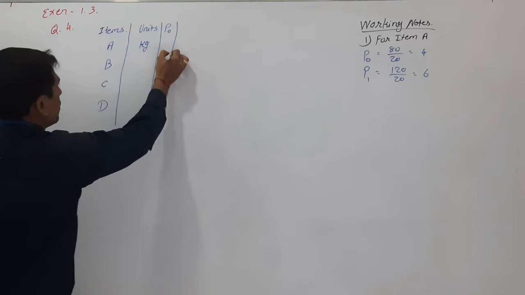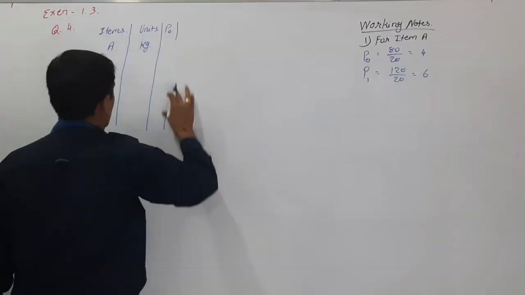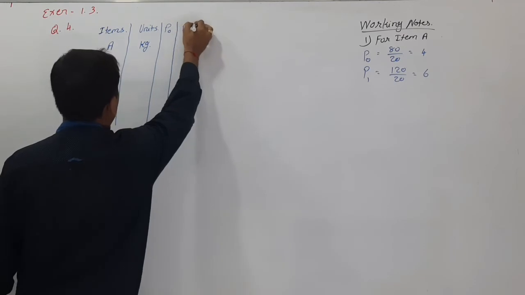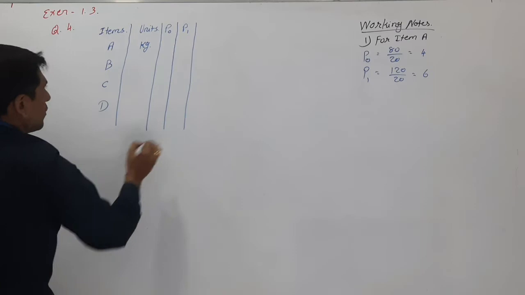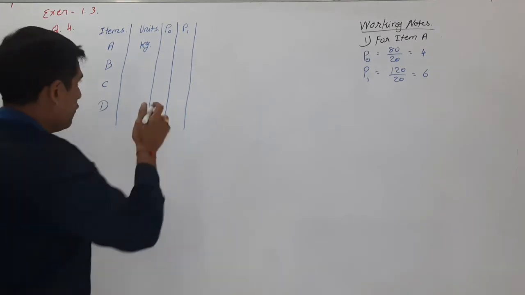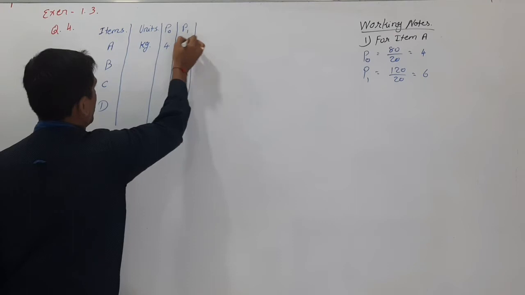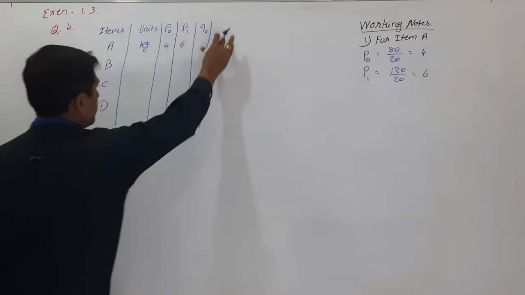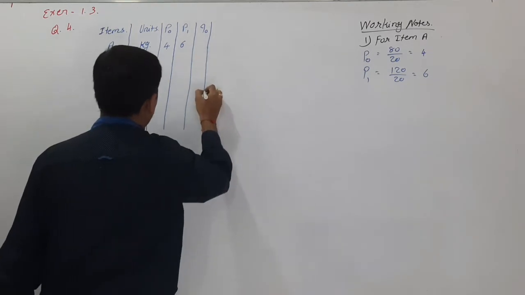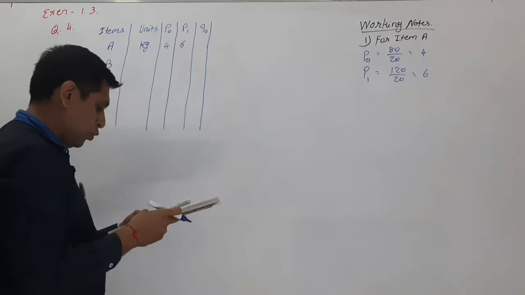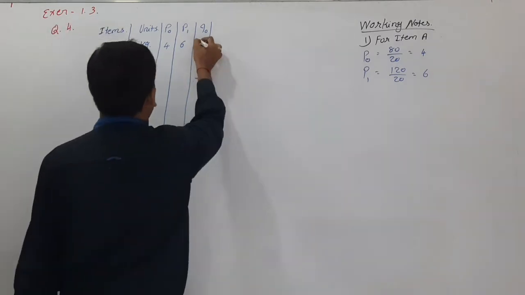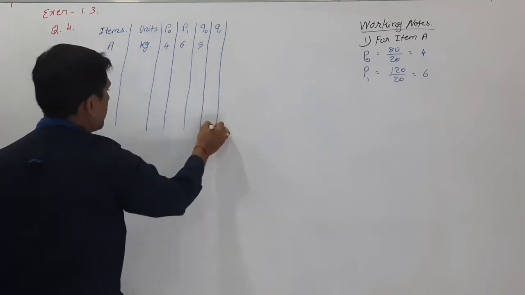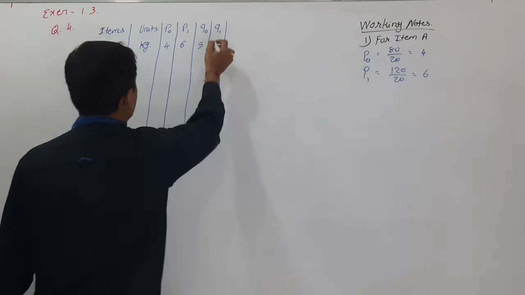P0, then P1. What is P0? Here 4. Then P1 is equal to 6. Then Q0 is equal to 5 kg, that is 5, and Q1 is equal to 7 kg.